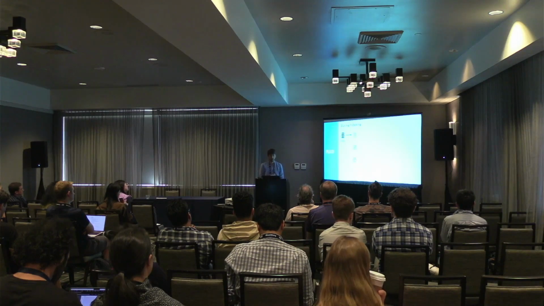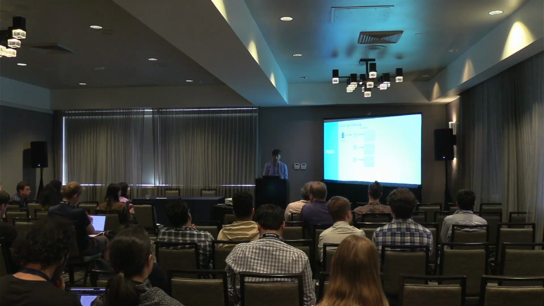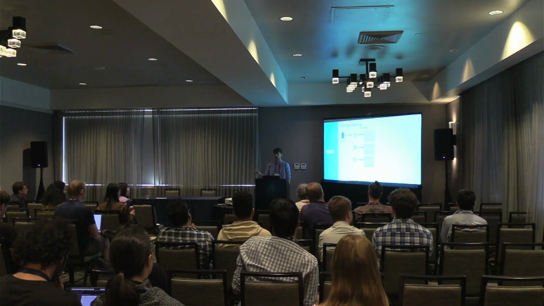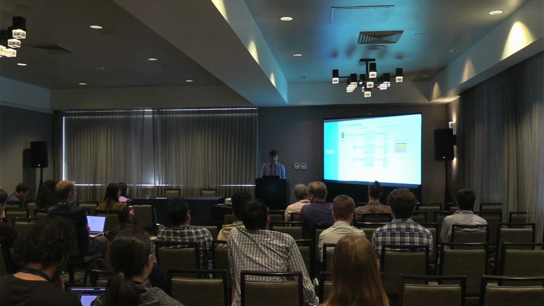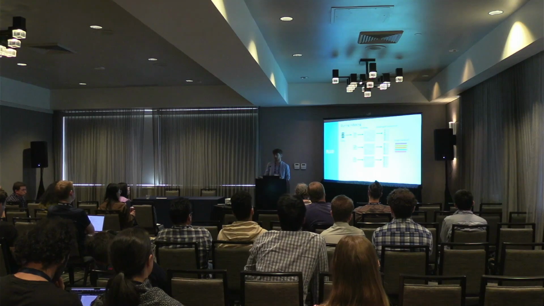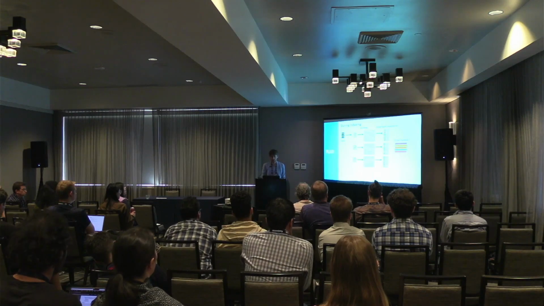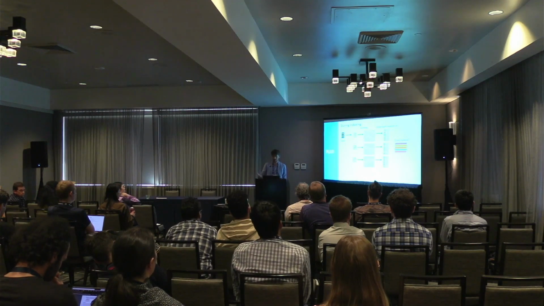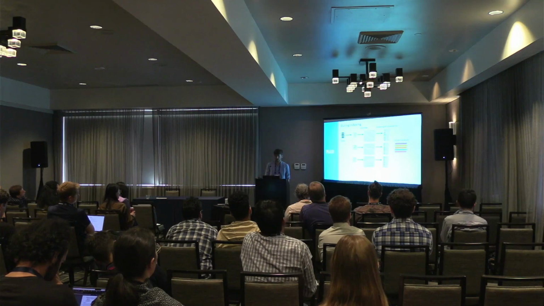So the way that PLAID works is during indexing, you have your corpus, you have all your documents, and you encode each of those. Remember, these are all contextualized embeddings for each token in each document. Then you perform clustering and compression of those tokens. So you essentially find a set of some tens of thousands of clusters, where each cluster represents a centroid of similar vectors, as well as residual bits that let you decompress back to the original vector.